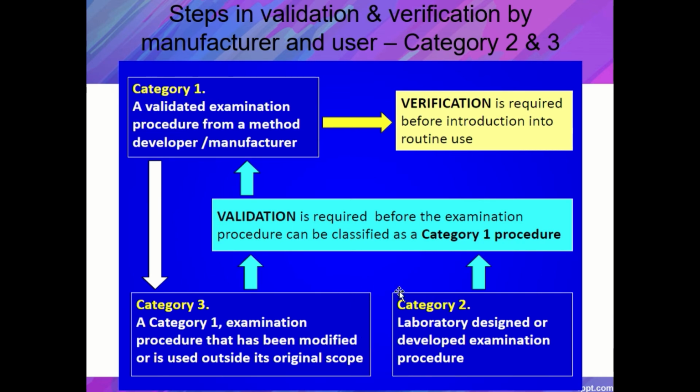So what the lab needs to do is the validation first, before the examination procedure can be classified as a category 1 procedure. After they do the validation, then they need to do the verification, and after they pass the verification, then the test can be introduced into routine use.